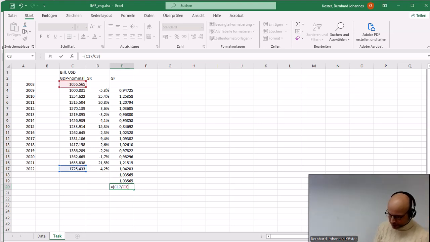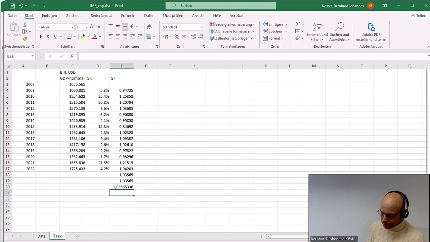And again, I have to take the root of the length of the period. So again, 1 over 2022 minus 2008. So the 14th root I have to take. Hopefully, again, it is the same number. I'm lucky.